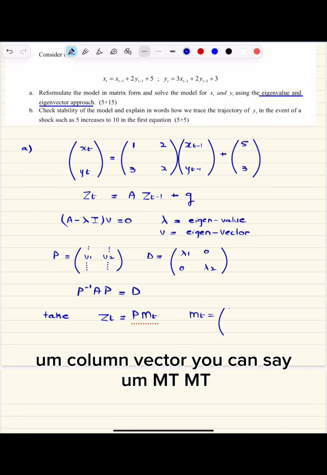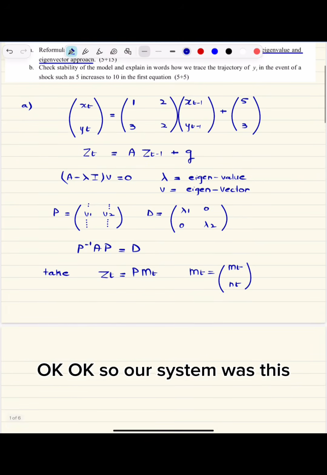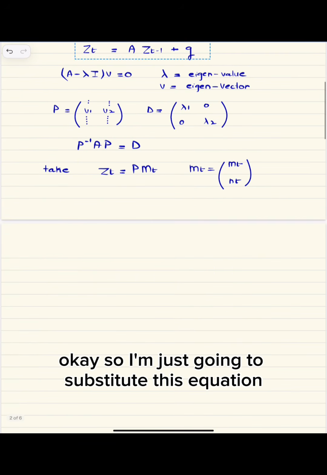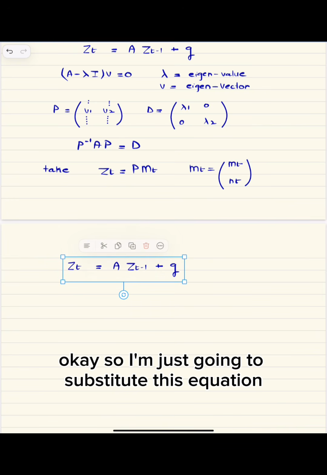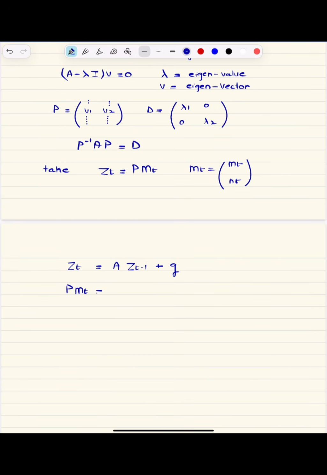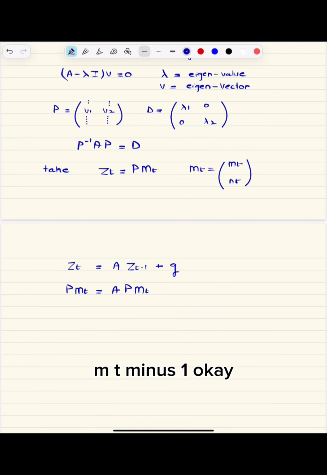Our system was this. I'm just going to substitute this equation into this one. On the left hand side I'm going to get P M_t. On the right hand side I'm going to get P M_{t-1}.